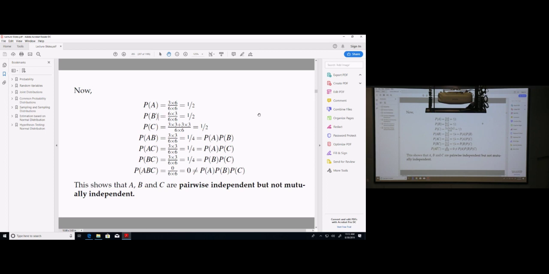So I will have no outcome here. So as a result, this is 0. I basically don't need to check because these are all positive numbers, okay? And so they are pairwise independent, but not mutually independent. So you really have to check everything for mutual independence.